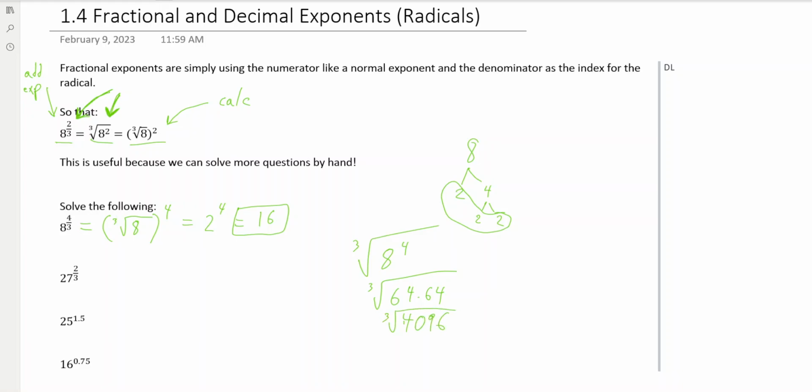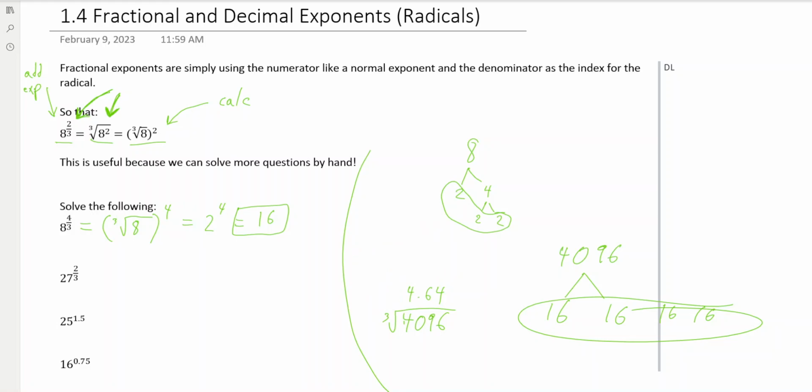And so then it'd be a process, right? You could see how we'd have to do a big factor tree now of that, and eventually you'd get 16, 16, 16, and 16, and then you could add all of those together, and it'd be a lot of work. We don't want to do that. That's why we stick with the other method when we're calculating it by hand.